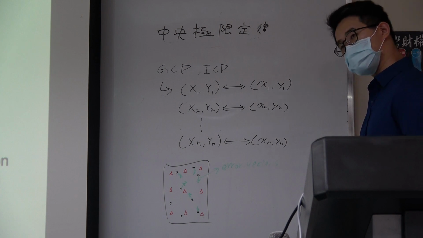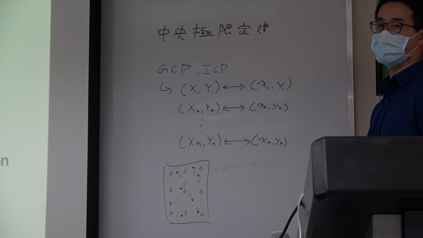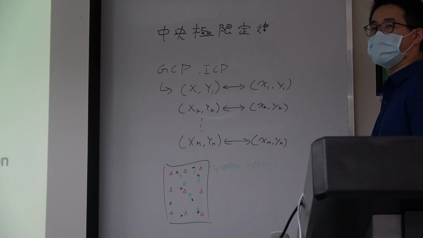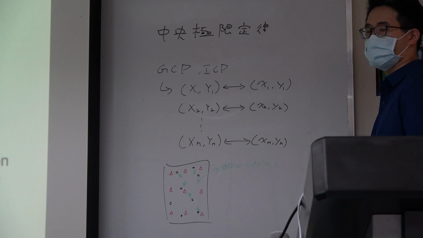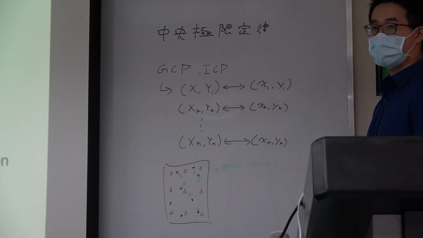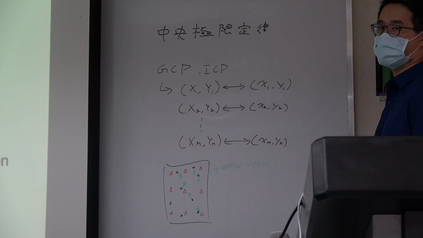And the error vectors actually are a required representation in this homework, so you also need to draw them. You can think about why you need to draw the error vectors.